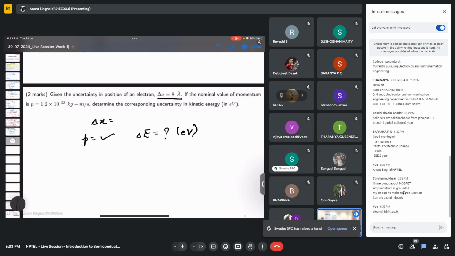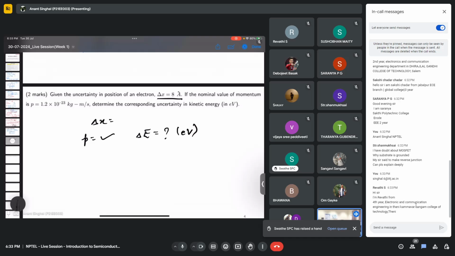Okay, so I have got some doubt about MOSFET. For this, you need to be aware of the basics first. MOSFET is a topic of week 7, if I'm not wrong. I'll be covering the MOSFET very deeply, and even Professor Imani will be covering a deep understanding of MOSFET.